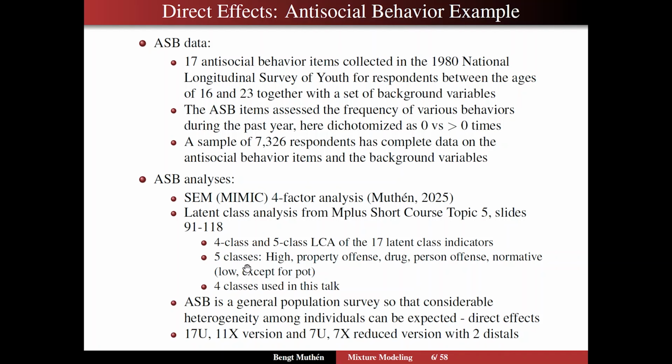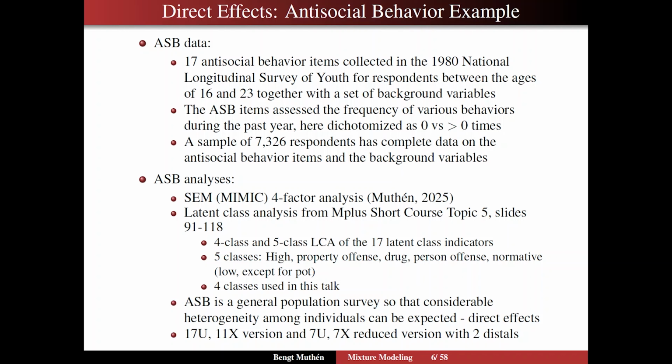With 5 classes, there are classes high on all the indicators, property offense indicators endorsed only, drug, person offense, and a low normative class. In this talk I'm going to work with 4 classes. Now the ASB, antisocial behavior data, is a general population survey of young people, so considerable heterogeneity among these individuals can be expected, which would mean that we should be able to see a lot of direct effects being significant.